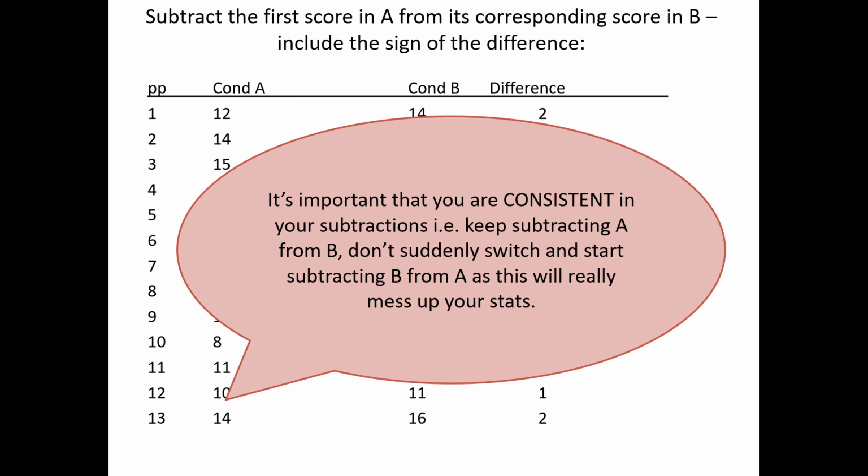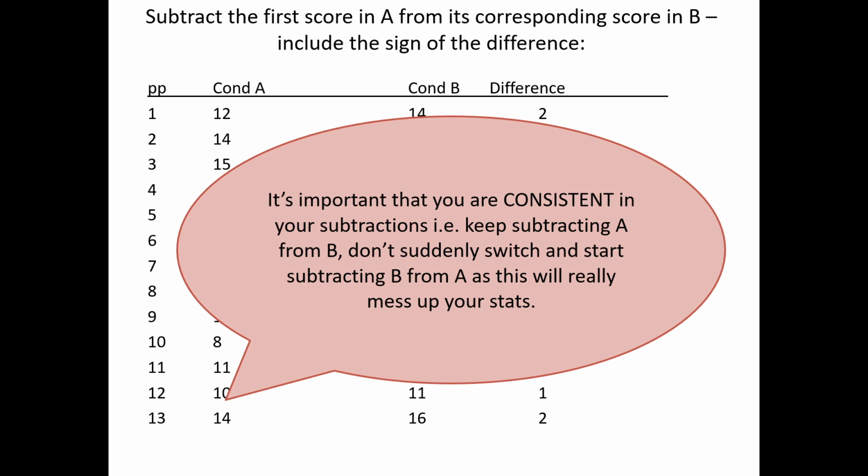It's important that you are consistent in your subtractions. In other words, keep subtracting A from B or B from A, whatever. It really doesn't matter which, but don't keep swapping them over. If you're subtracting A from B and then you start taking B from A, oh my goodness, it's going to be so bad.